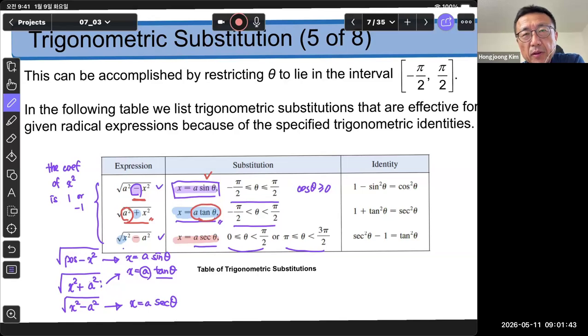But if you see the plus sign in front of x squared and then you subtract a positive number, then you replace x with a secant theta. So there are three types.